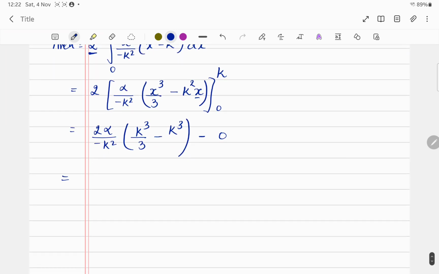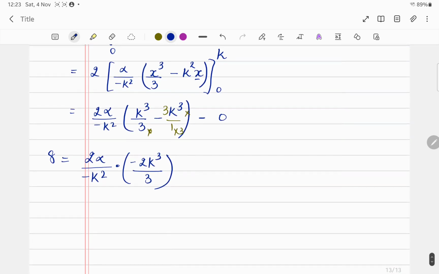Now let's simplify. We know that the area is 8. So we have 2 alpha over minus k squared times (k cubed over 3 minus k cubed). Solving the fractions, k cubed minus 3 k cubed gives minus 2k cubed over 3, and that equals 8.